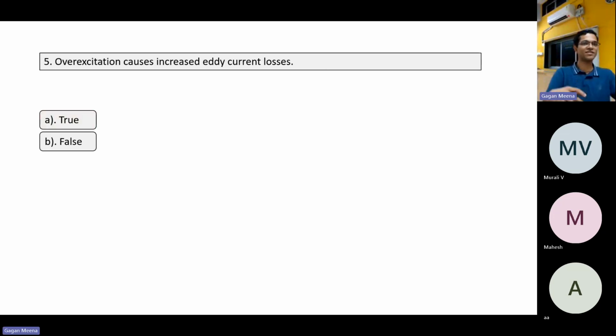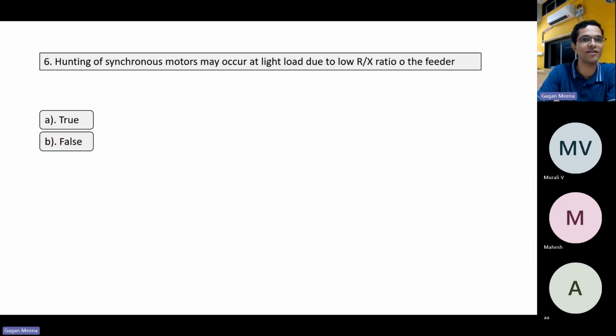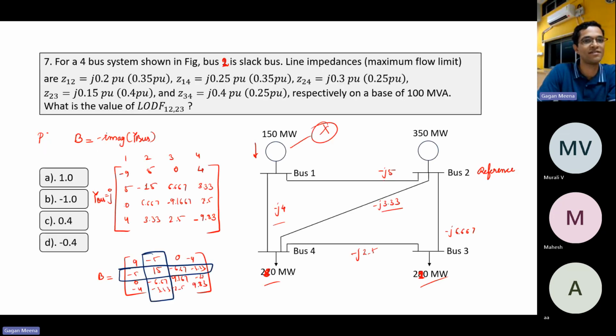Then overexcitation causes increased eddy current loss. Is it true? Correct, it happens at under excitation. Hunting of a synchronous machine may occur at light load due to low R by X ratio of the feeder. Is this because of low R by X ratio? No, false. Okay.